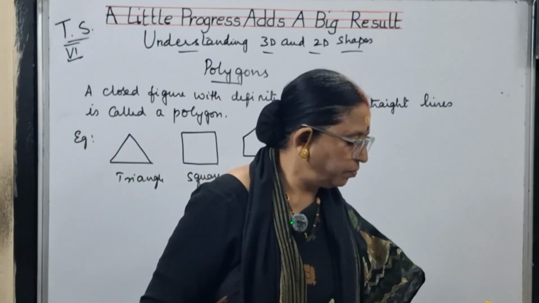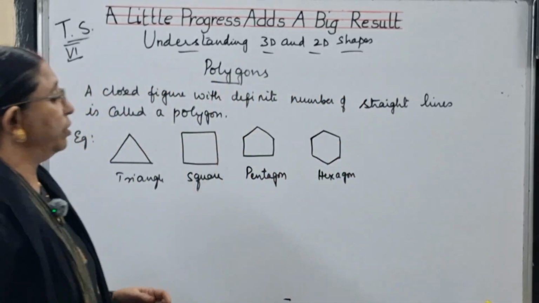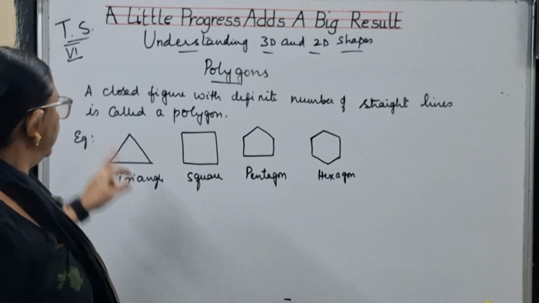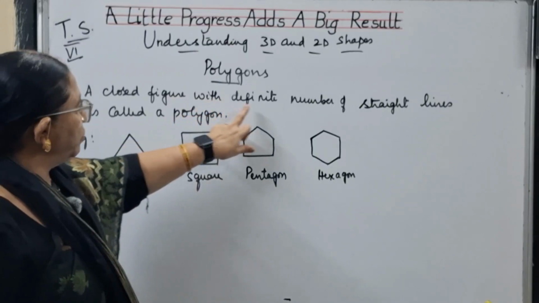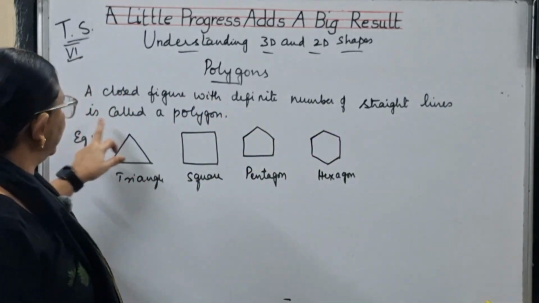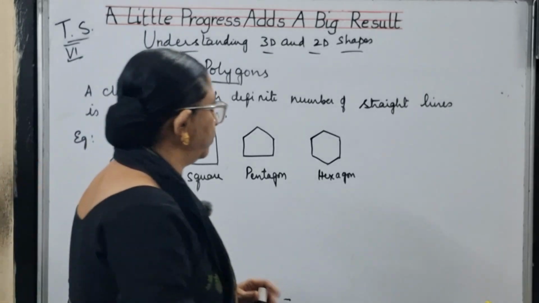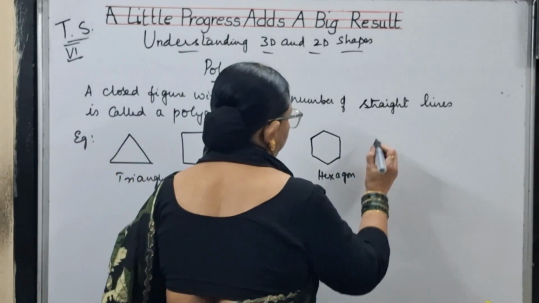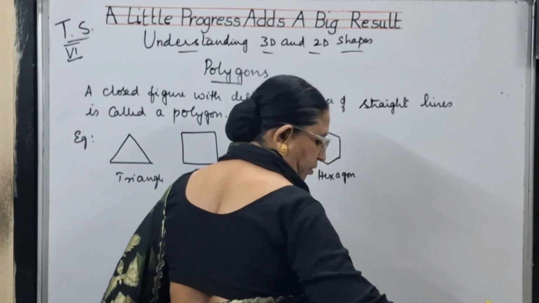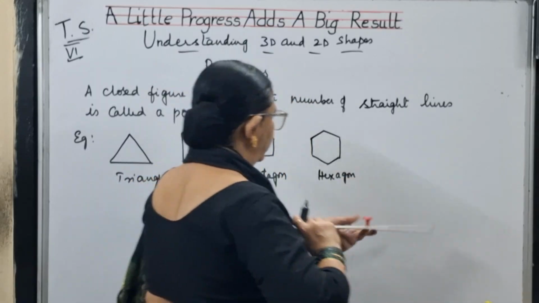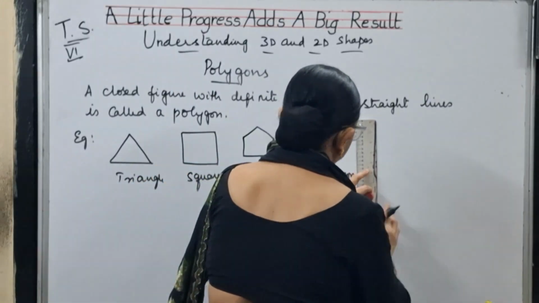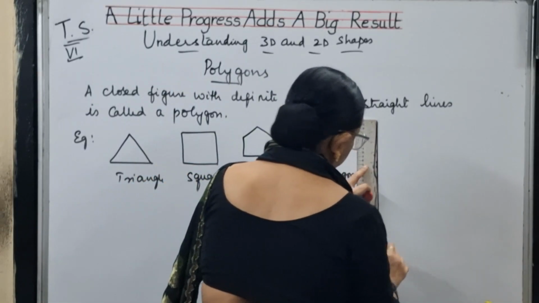Now the next part of your lesson is polygons. What is a polygon? See, a closed figure with a definite number of straight lines is called a polygon. What do you mean by a closed figure? Say children, here I will be giving you a closed figure and an open figure. What is a closed figure? What is an open figure?